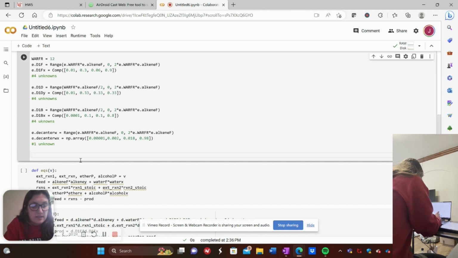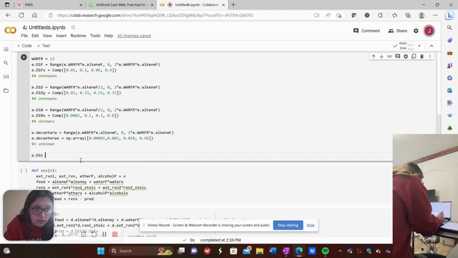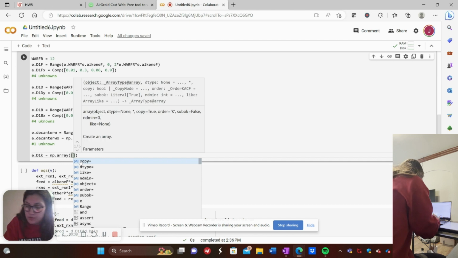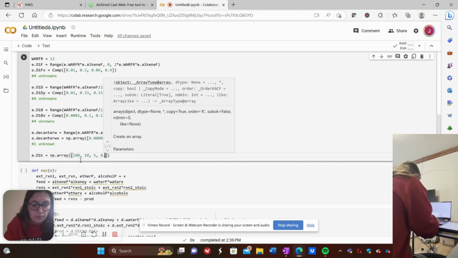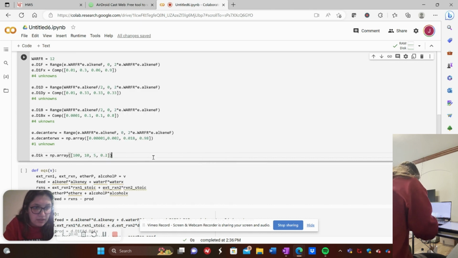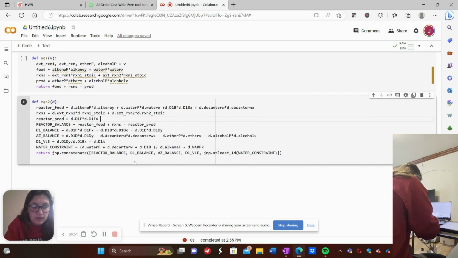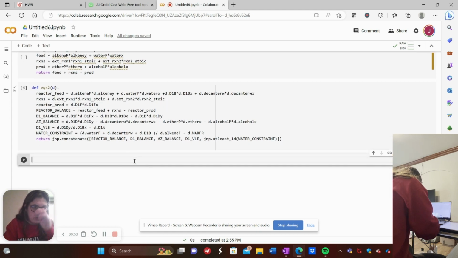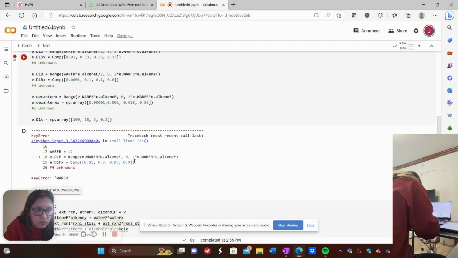And the last thing that we need to do is remember that we have d1k, and that was given to us. So we have np dot array, and our numbers were 110, 5, 0.2. And that should be everything, but I guess we will find out here in a second. So now what we want to do is use this. Oops, what did I do?